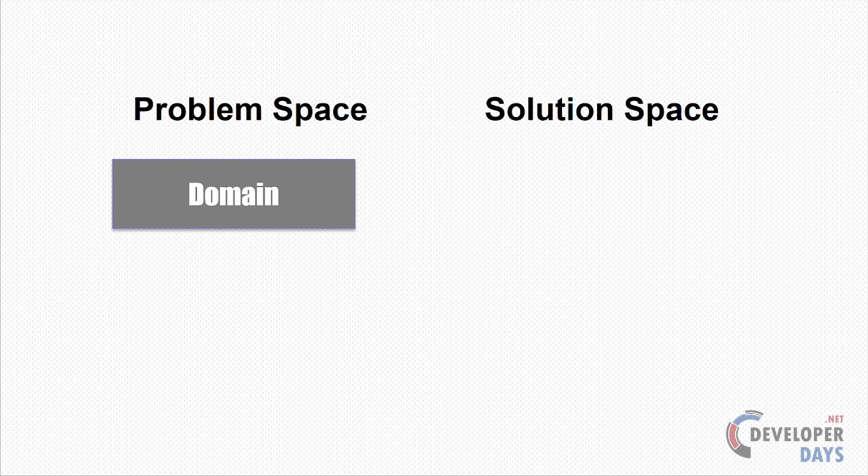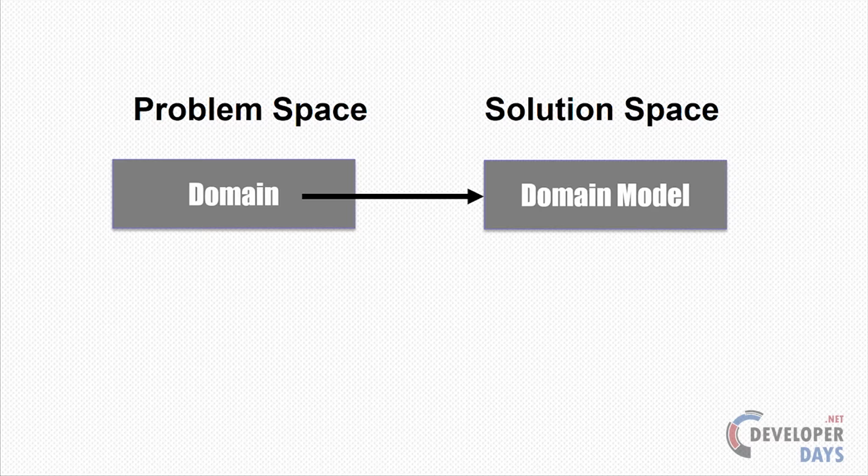Another one, second point of domain-driven design, bounded context. So we have a problem. The problem is building software for a business domain. So we are in the problem space and we identify a domain. And in the solution space, according to domain-driven design, we have for a domain a software model for the domain. In short, a domain model.